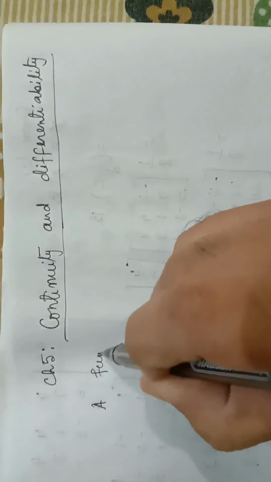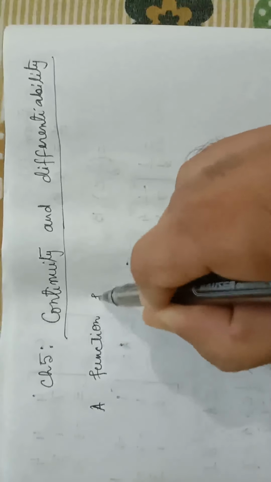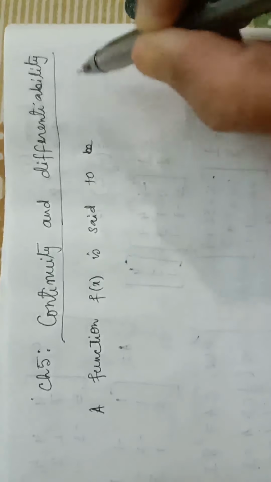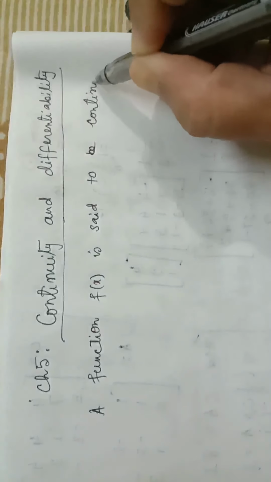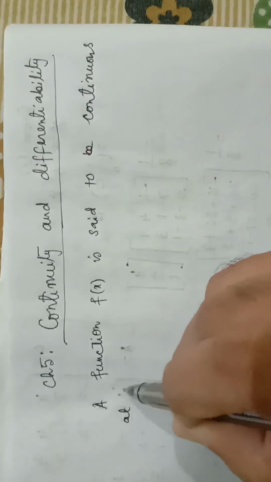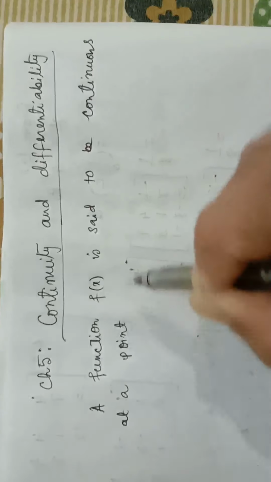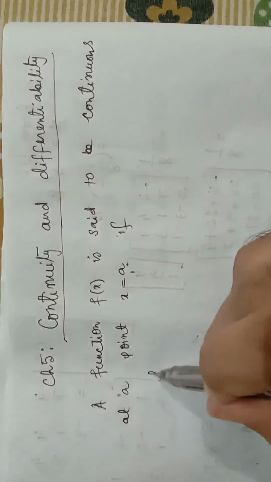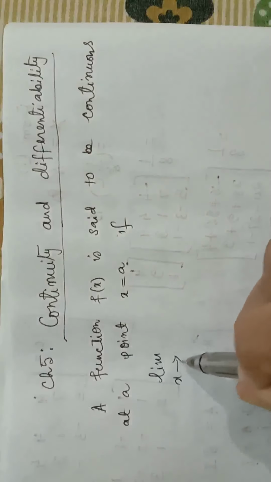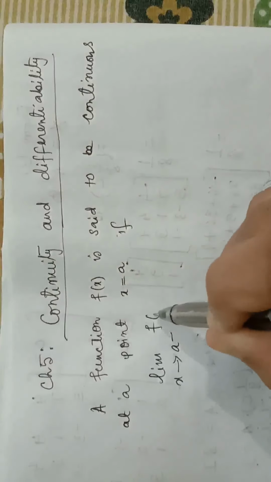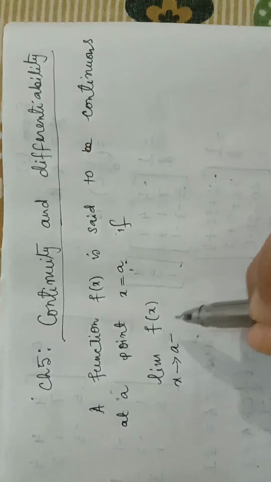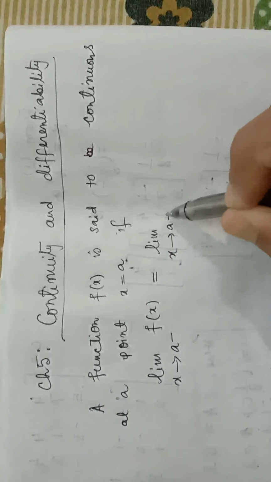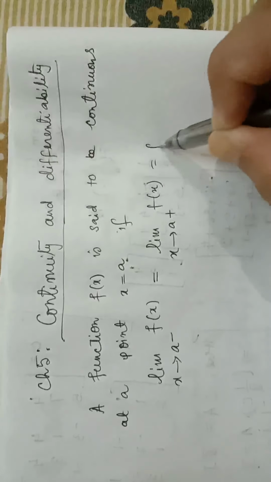A function f(x) is said to be continuous at a point x equal to a if limit x tends to a minus f(x), this is called the left hand limit of f(x) at x equal to a, is equal to limit x tends to a plus f(x), is equal to f(a).